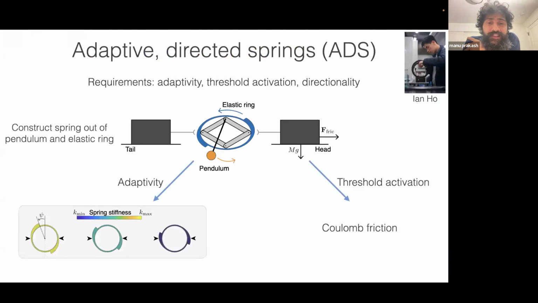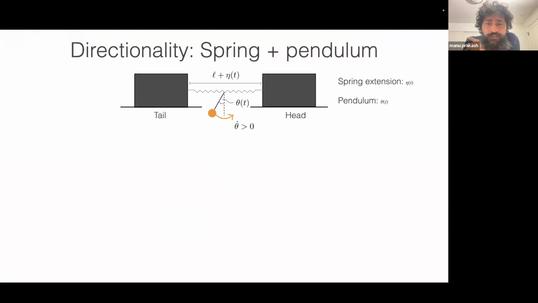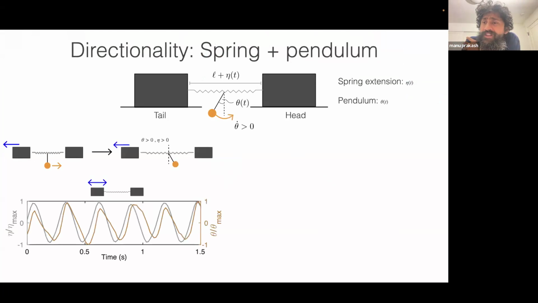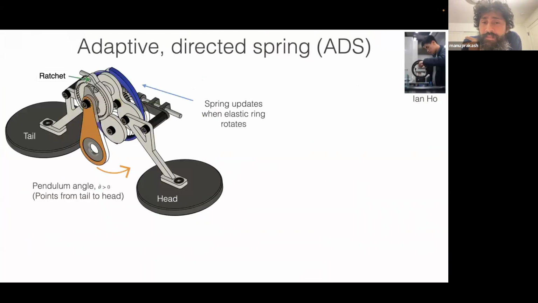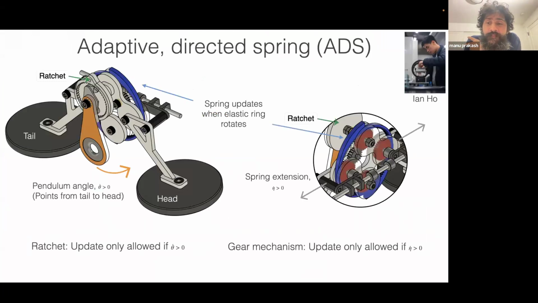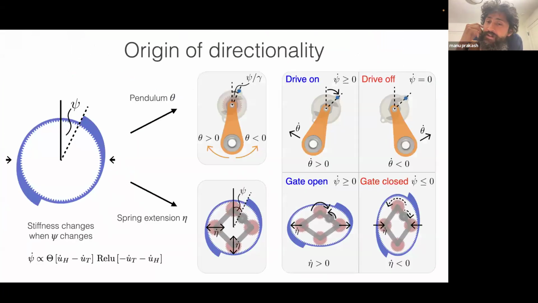Now, what's quite exciting, and I'm just going to show you this graphically, although we can demonstrate mathematically where this directionality comes from, is that what's hidden behind that spring is a 4-bar mechanism that implements a unique gating function. And that gating function is the drive and the gate for it to pump energy into this rotating spring.